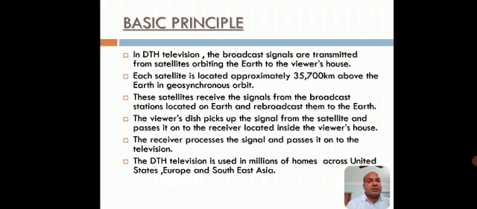The viewer's dish picks up the signals from the satellite and passes them to the receiver located inside the viewer's house. The receiver processes the signal and passes it on to the television. DTH television is used in millions of homes across the United States, Europe and Southeast Asia.